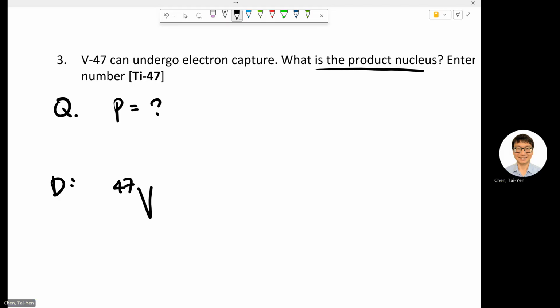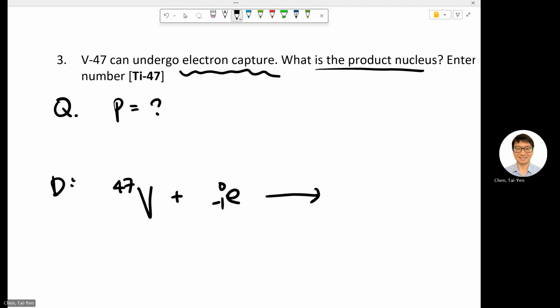It undergoes electron capture. Okay, so where should you put your electron? Reactant side or product side? Reactant side, right? Every time you see electron capture, absorption, it is something you need to put on the reactant side.